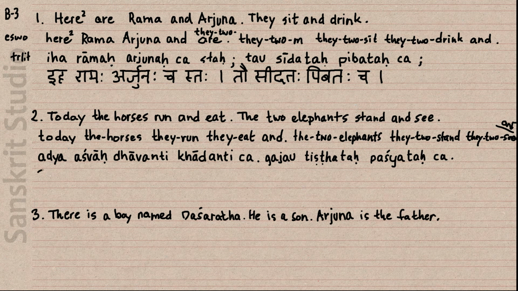Okay, and then we just do a Devanagari here. Ajja, Ashvaha, long A, Shvaha, Dha, long A there also. Dha, one.